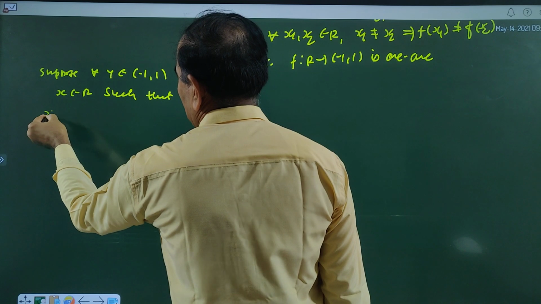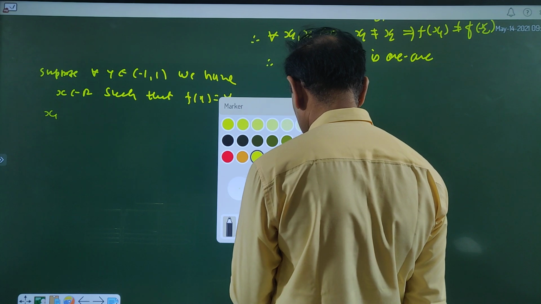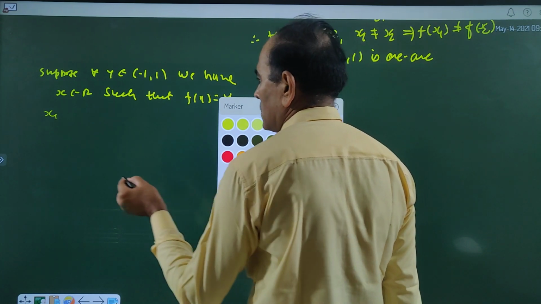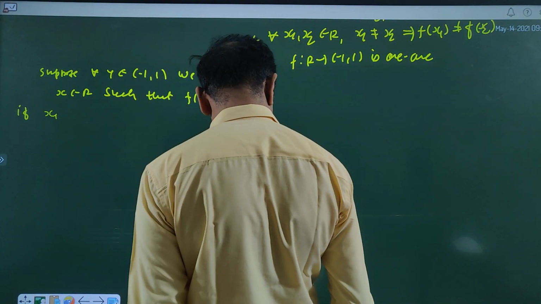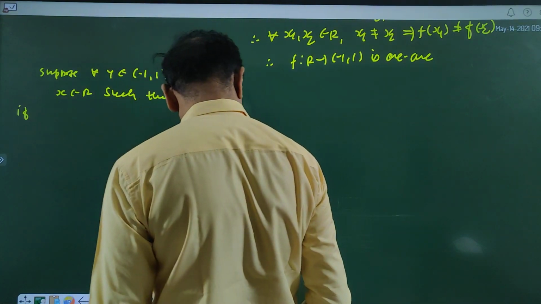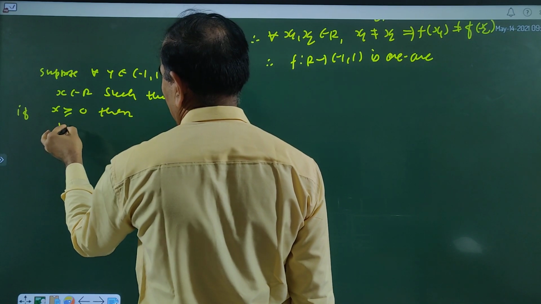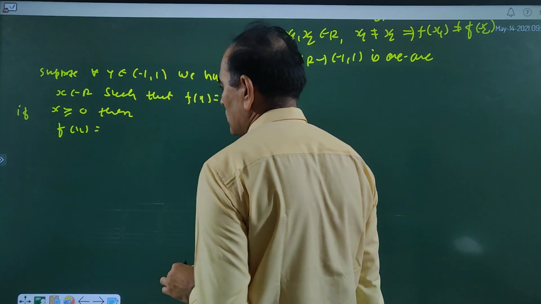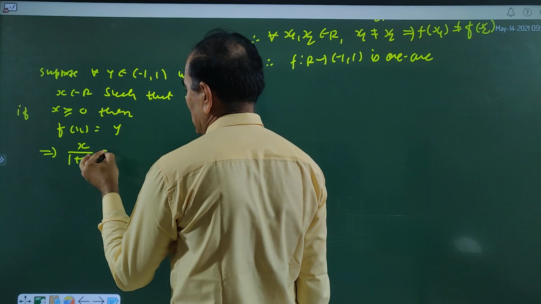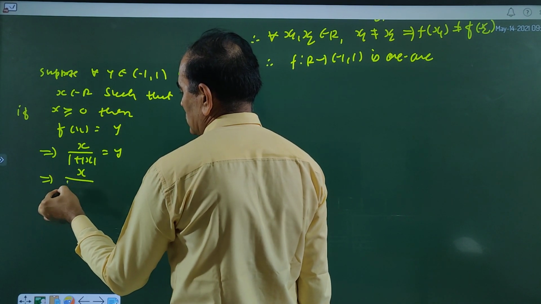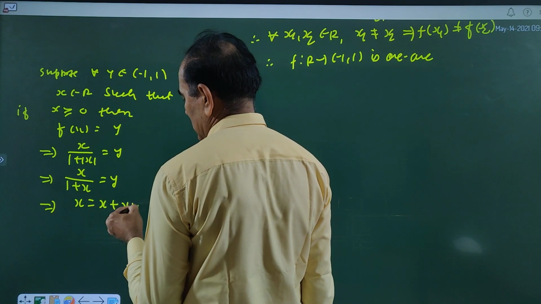There are once again two possibilities. x is greater than or equal to 0. If x is greater than or equal to 0, then f of x is equal to y, which implies x over 1 plus mod x is equal to y, so x over 1 plus x is equal to y, which implies x is equal to y plus xy.